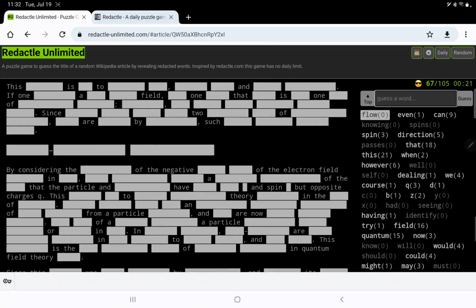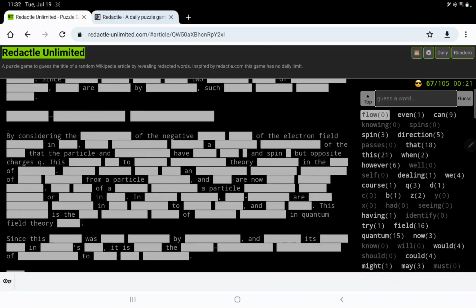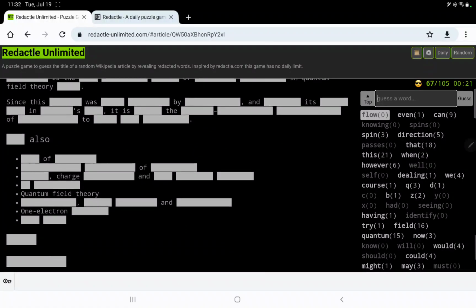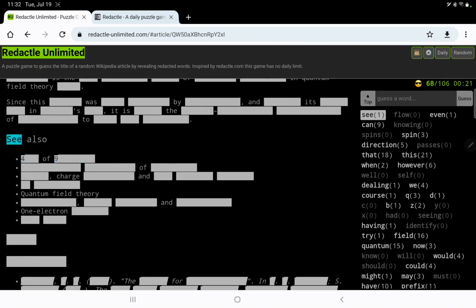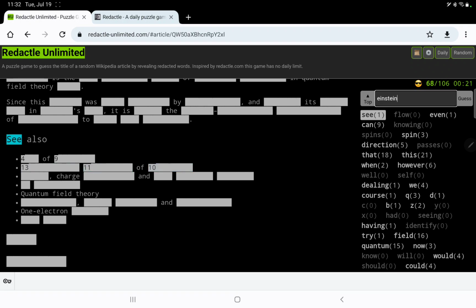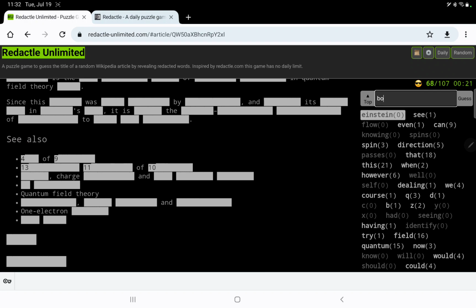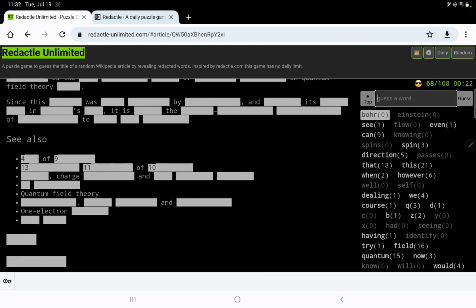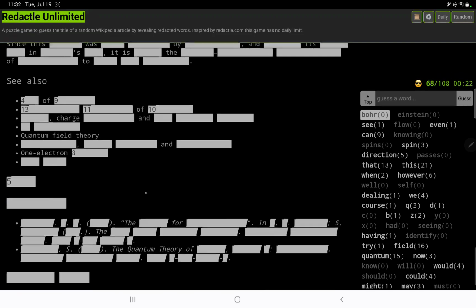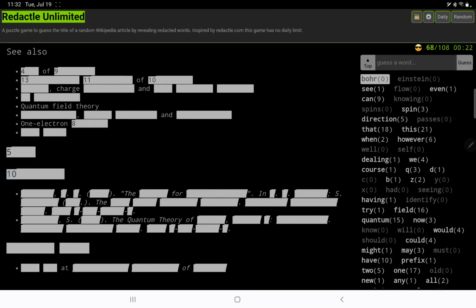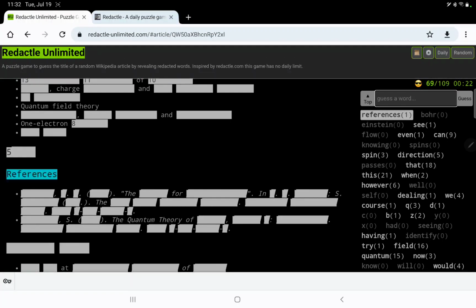I never went down all the way to the bottom, although I think we've a good idea the area we're talking about. Here's C also. 4 of 9. Let's look up Einstein. No. 4. They're really the only two physicists I know. 1 electron, 8. Interesting. And then 5, 10, maybe references.